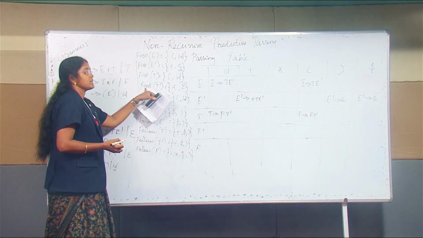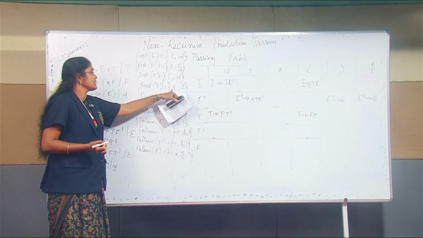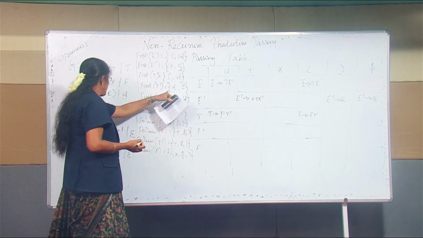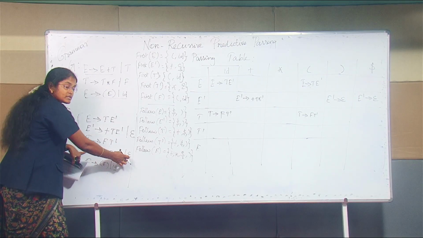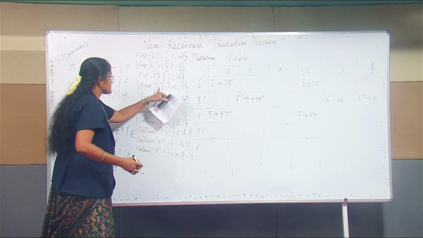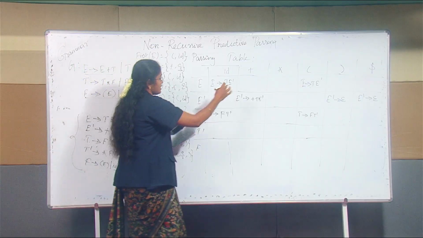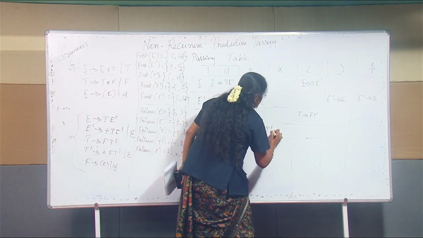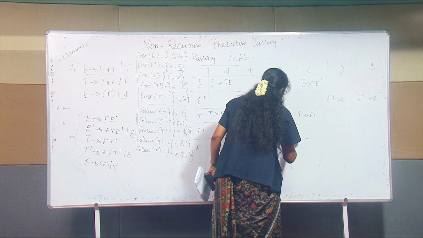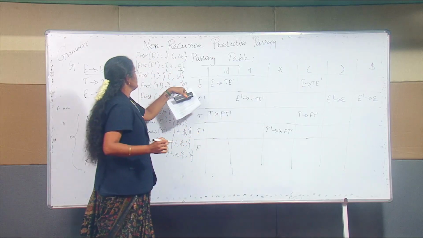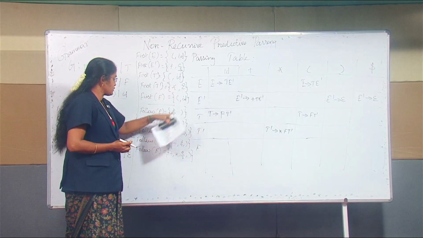Then we check the first of T dash, it contains star and epsilon. For T dash we have two productions, that is star F T dash as well as epsilon. First we fill for the star: T dash tends to star F T dash. As we know, if you have epsilon in your first, we need to check with the follow.